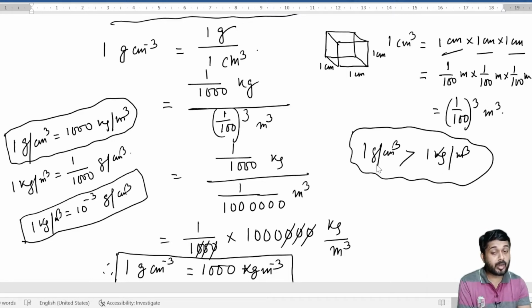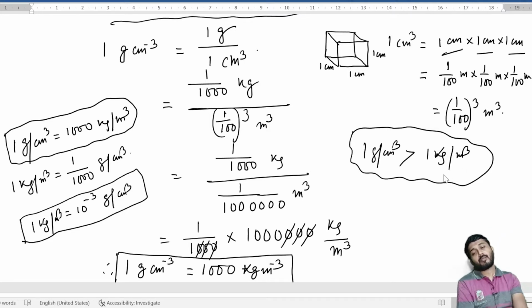Although gram is much lesser than 1 kg, the CGS unit of density is 1000 times greater than 1 kg per meter cube.